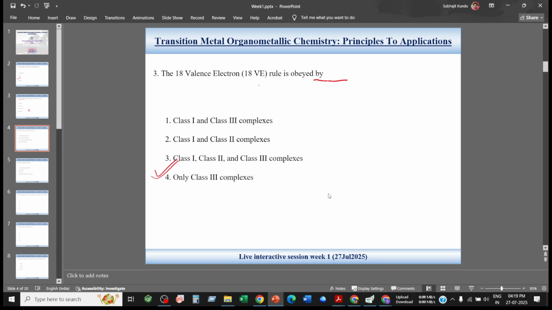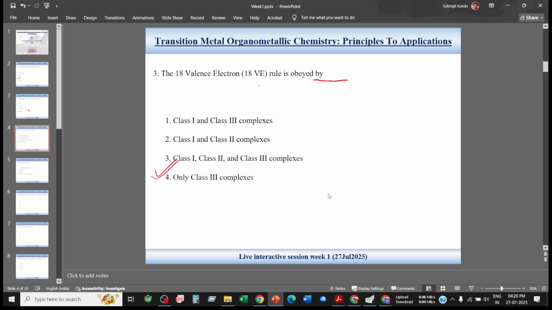Remember that for the class 1 metal complexes, the valence electron count is not 18 but it can be any value, that is from 12 to 22. So we call this a class 1 complex.